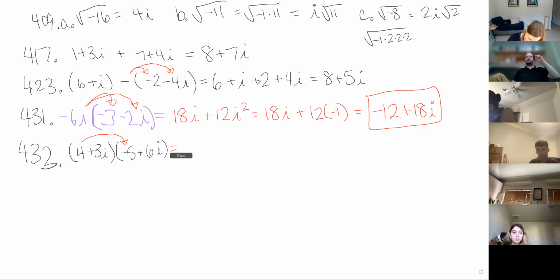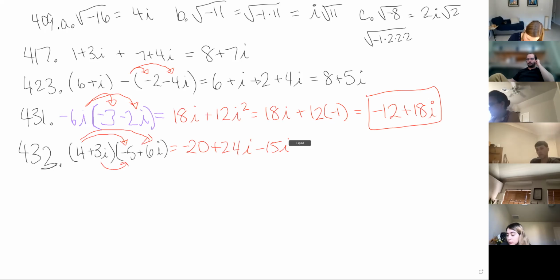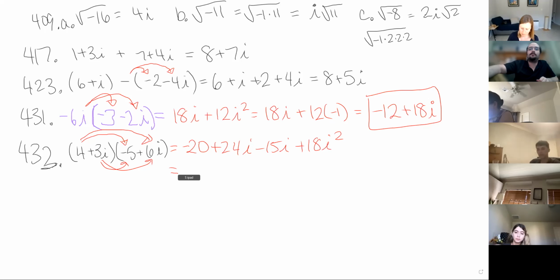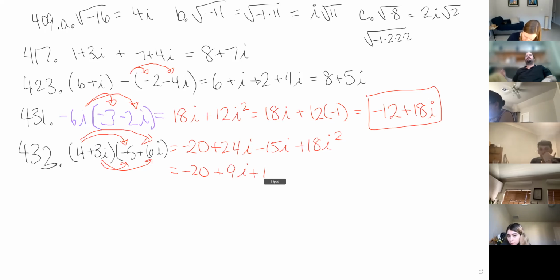So we are going to multiply. I think it's -20 from the first two. Did you get that? Yes. Plus 24i minus 15i plus 18i squared. Okay, now we've got to do some simplifying. So it would be -20 plus 9i plus 18i squared. Okay, and then based on that last problem that we just did, is there any other way we could simplify it more?